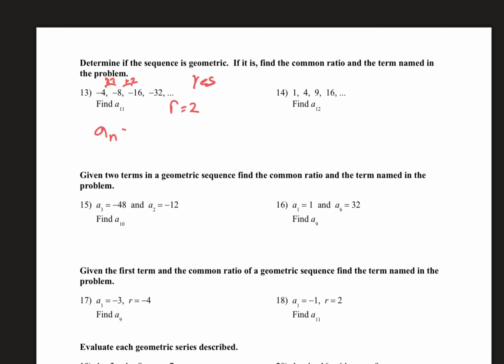Then our formula, a of n is equal to a of 1 times r to the n minus 1. So a of 11 is going to equal negative 4 times 2 to the 10th. Negative 4 times 2 raised to the 10th.